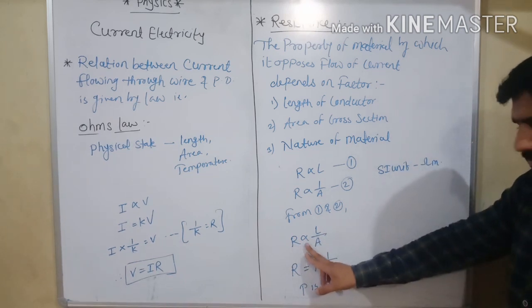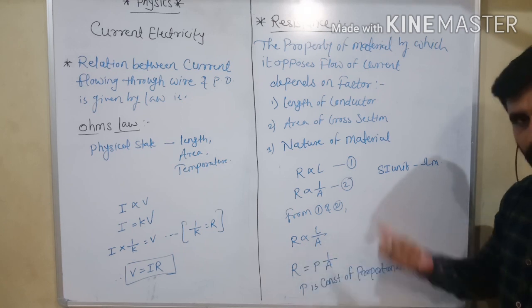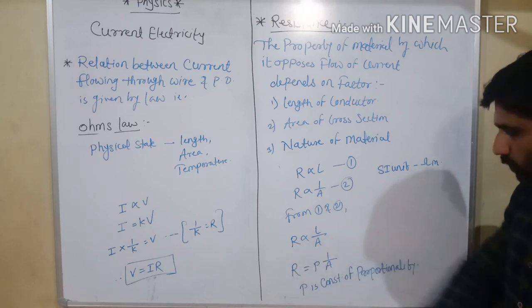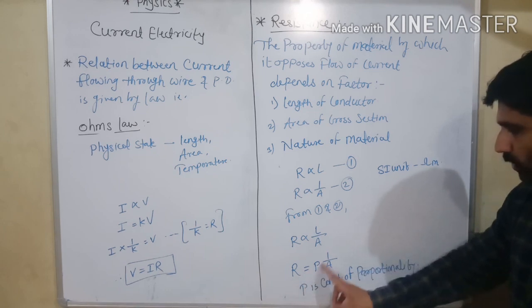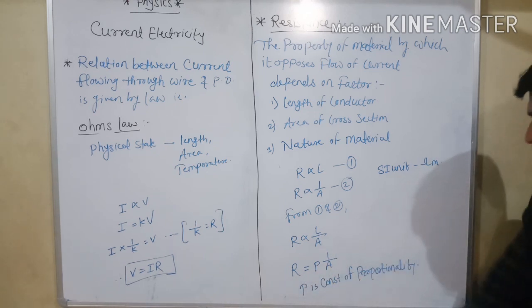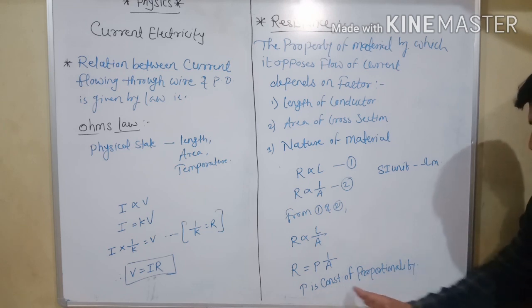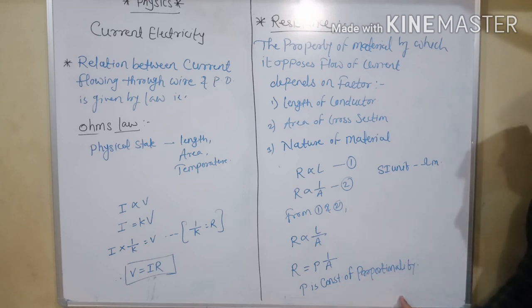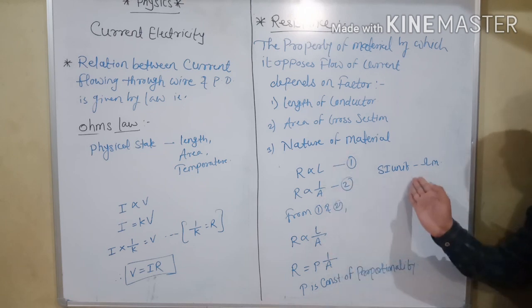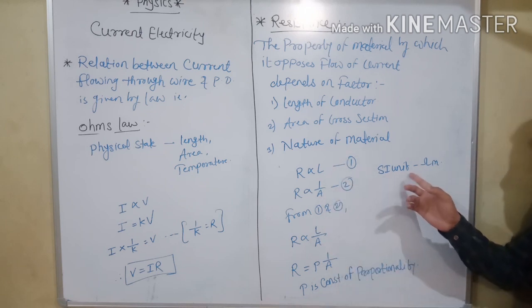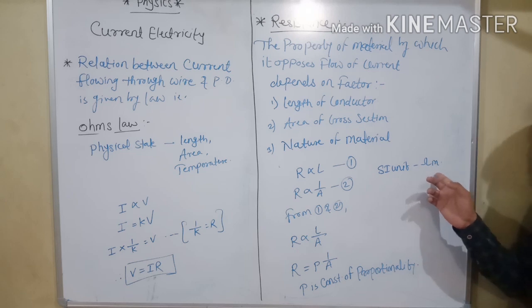To equate this proportionality sign, we use a constant value rho, that is R is equal to rho into L upon A. So rho is a constant of proportionality. To measure this resistivity, we have a certain SI unit: it is measured in ohm meter.